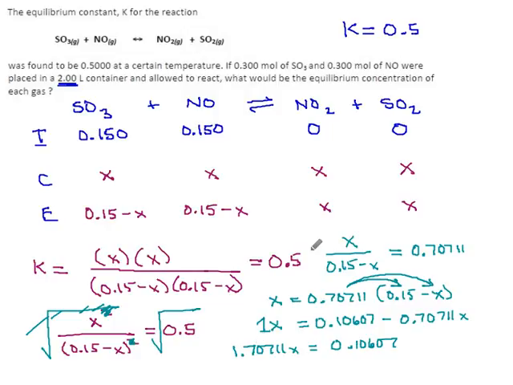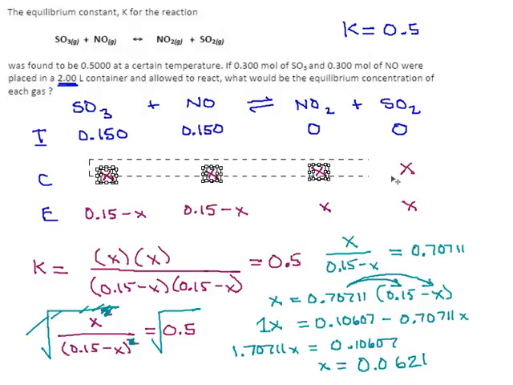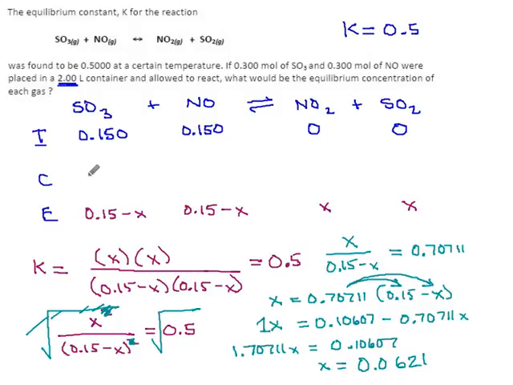So 0.10607 divided by 1.70711, X equals 0.0621. So all of these numbers in the change row are 0.0621. I'm just going to put that in there. 0.0621, 0.0621. You get the idea.